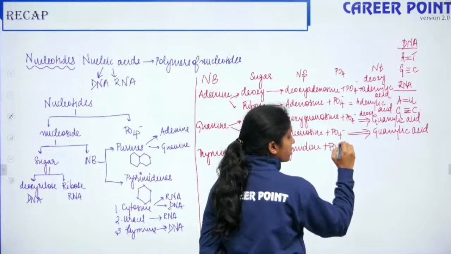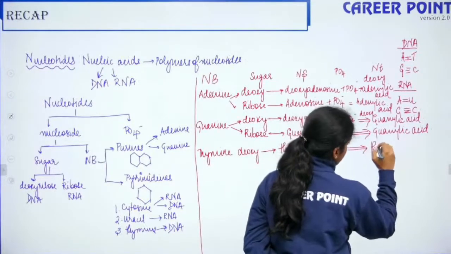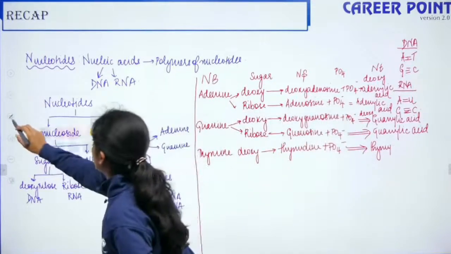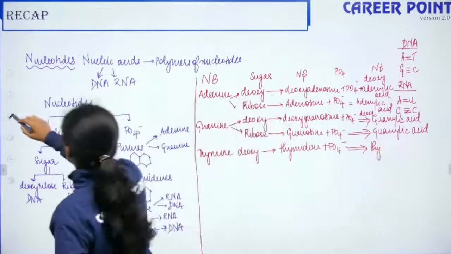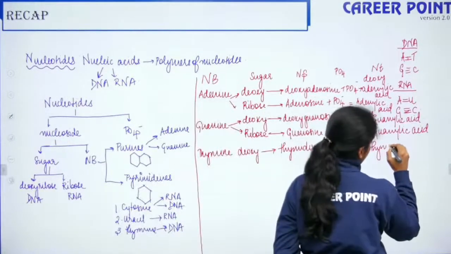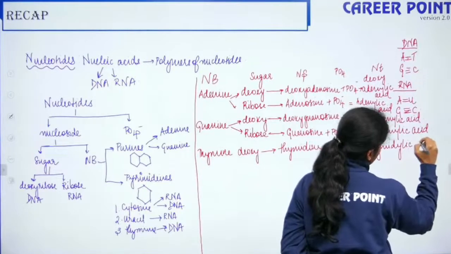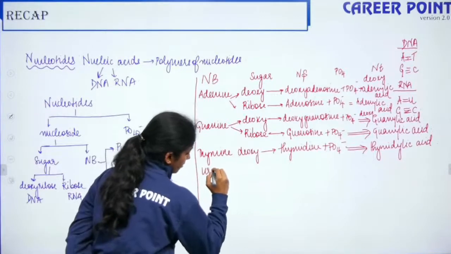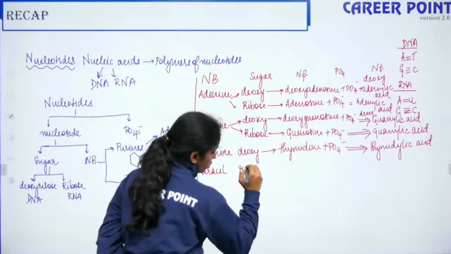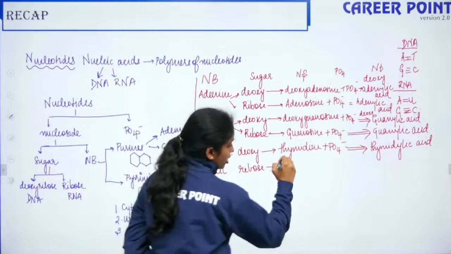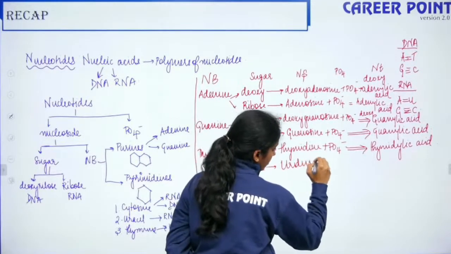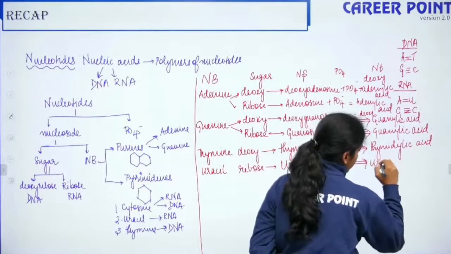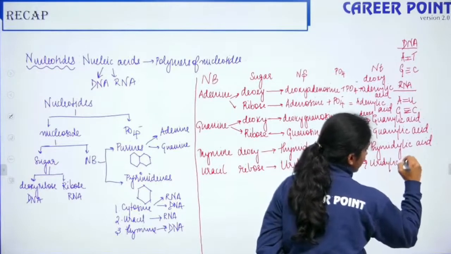With the phosphate, it forms thymidylic acid. Alright, now we go for uracil. Uracil binds with only RNA, so it is ribose sugar, so it is uridine. Plus your phosphate group, it is uridylic acid.